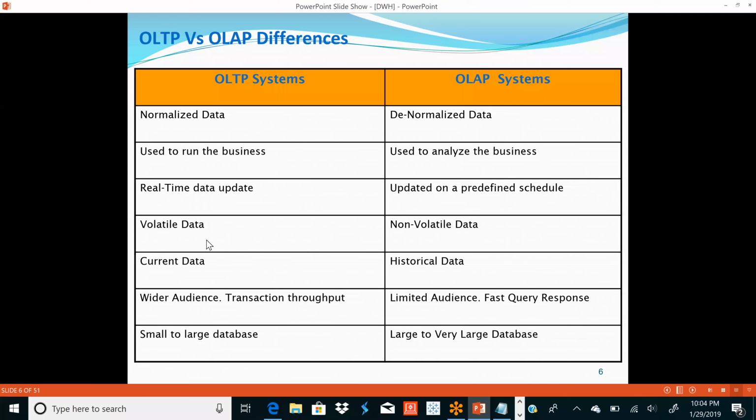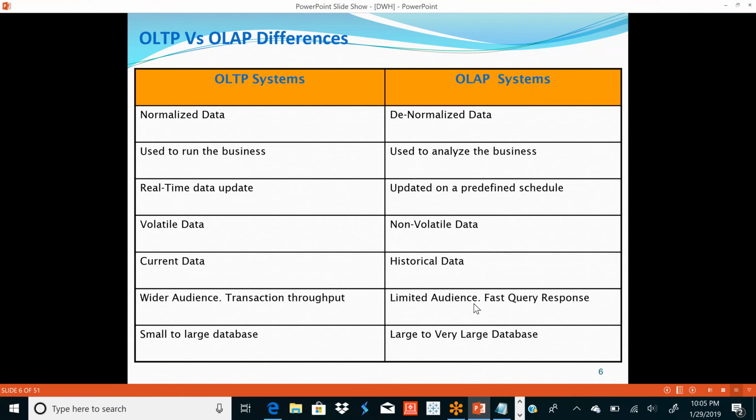Whatever transactions are performed from morning till evening get loaded during the nightly job. And volatile means all actions, insert, update, delete, everything is possible here, whereas in these systems you just select; you don't update or delete. And here it contains current data, while this contains the entire historical data. This is for a wider audience like customers, and mainly it is driven through transactions.